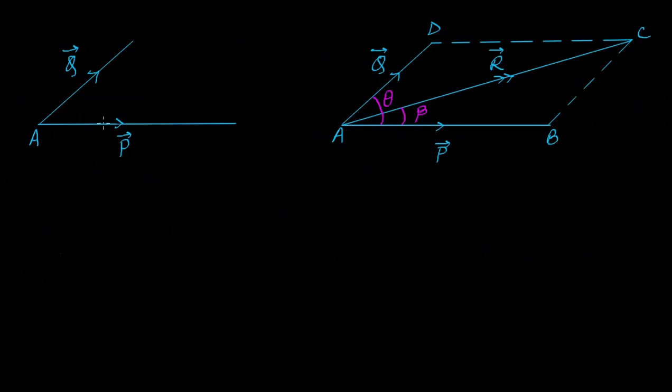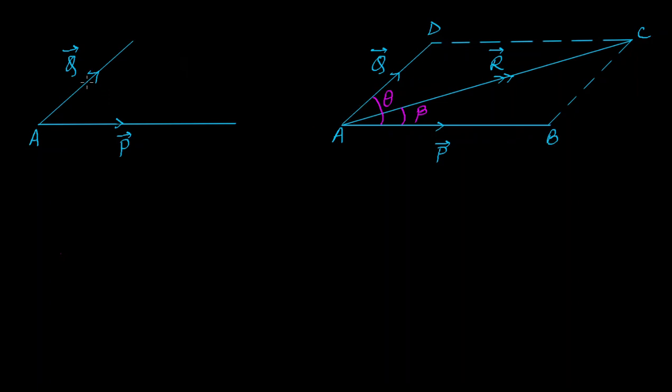Right? For example, let's say I have two vectors here, and these two vectors are acting at the same point A. I have the two vectors P bar and Q bar. They are acting simultaneously at point A, and I have this parallelogram ABCD. Now, if I can represent these two vectors by the adjacent sides, of course I can, is it not? So this vector P bar is represented by the side AB, and this vector Q bar is represented by the side AD.